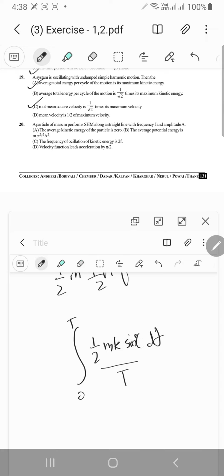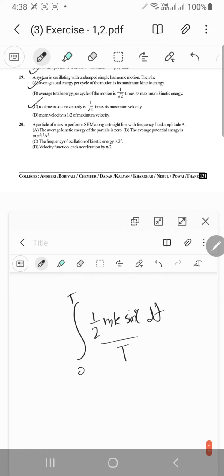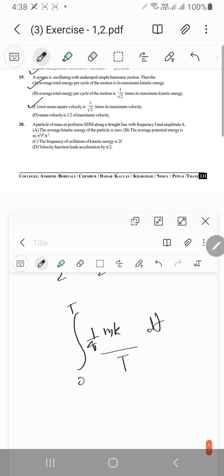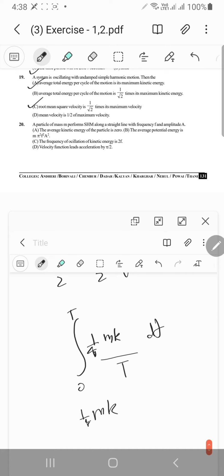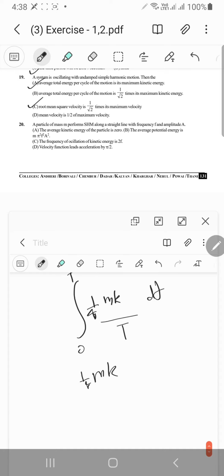We're still going to get 1 minus cosine, so everything turns out to be pretty much the same. So it's going to be 1 by 4. And the other term just gets neglected because that's 0. So integrating this from 0 to capital T, that would be 1 by 4 mk x squared.